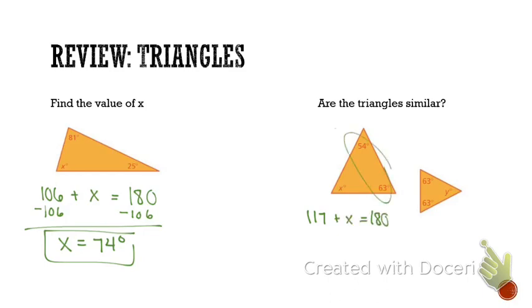I just added those two together to get 117. Subtract 117 from both sides, and x equals 63. Oh, beautiful, right? Because if this one's 63, I know I have 63, 63 on both, which means that one has to be 54. It has to be because the other triangle adds up to 180 also.